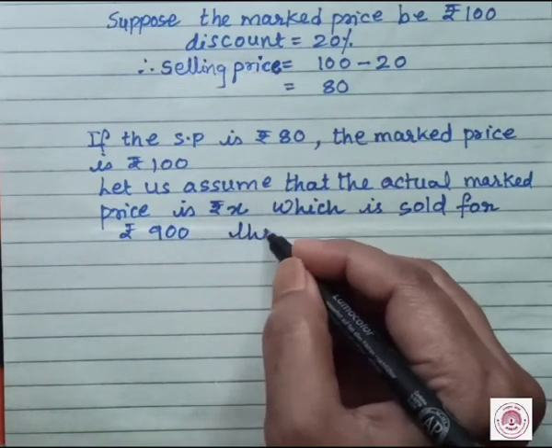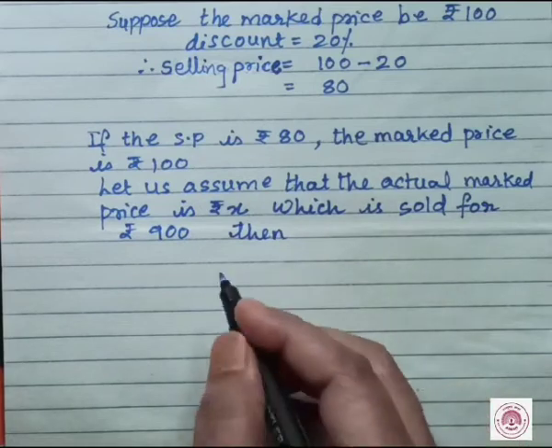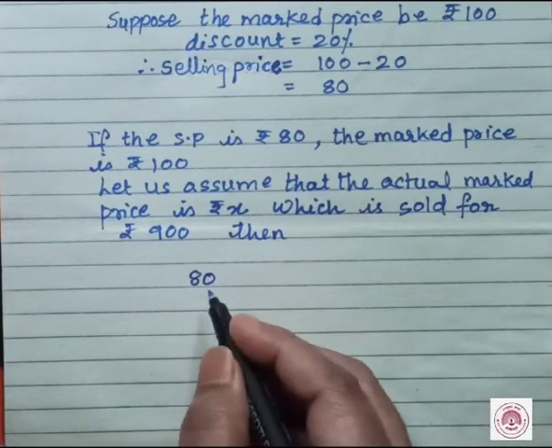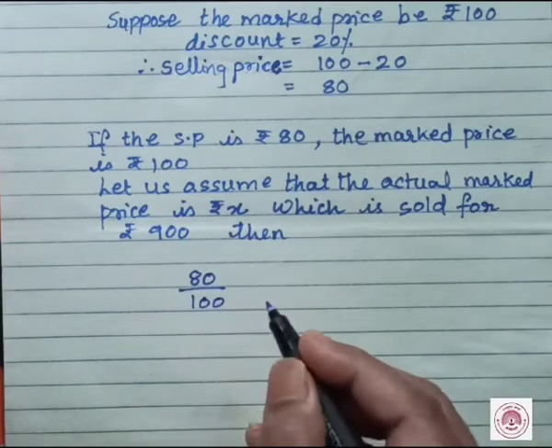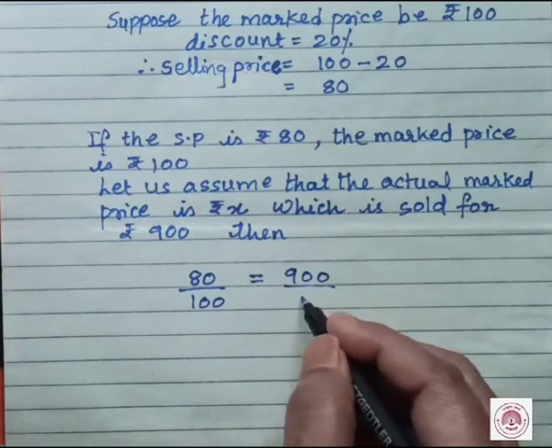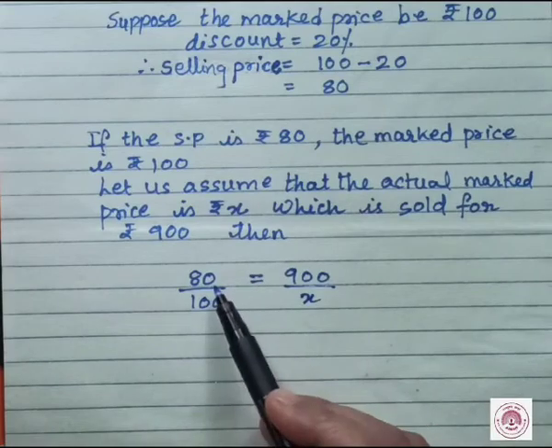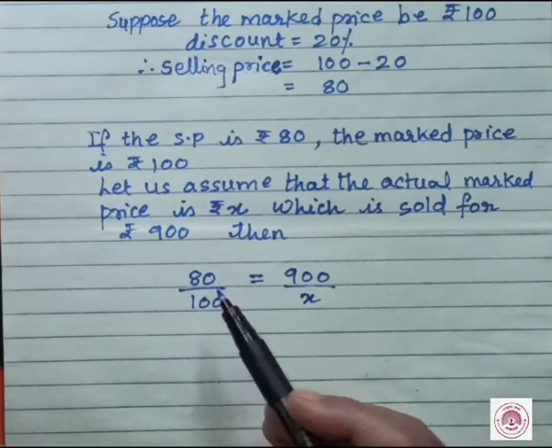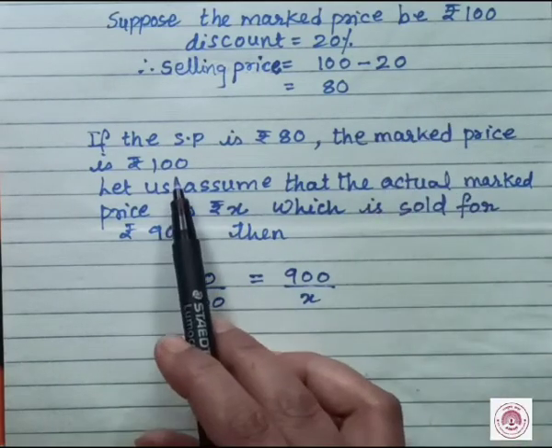Then 80 upon 100 is equal to 900 upon X, where this 80 is the selling price when the marked price is rupees 100, correct?